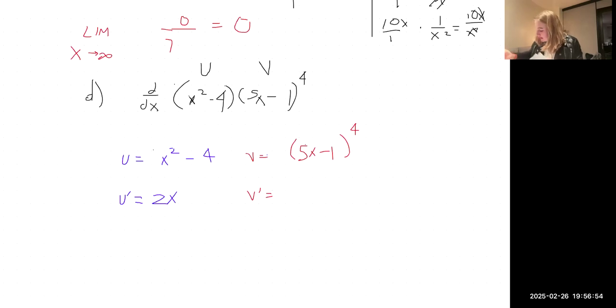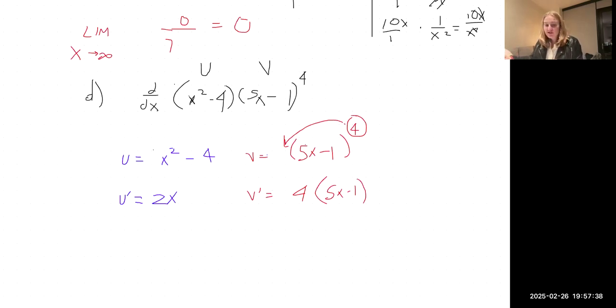So we're using the chain rule on this part. And the chain rule is... I can figure this out. Oh, we bring the 4 down in front. So it's 4 times 5x minus 1.